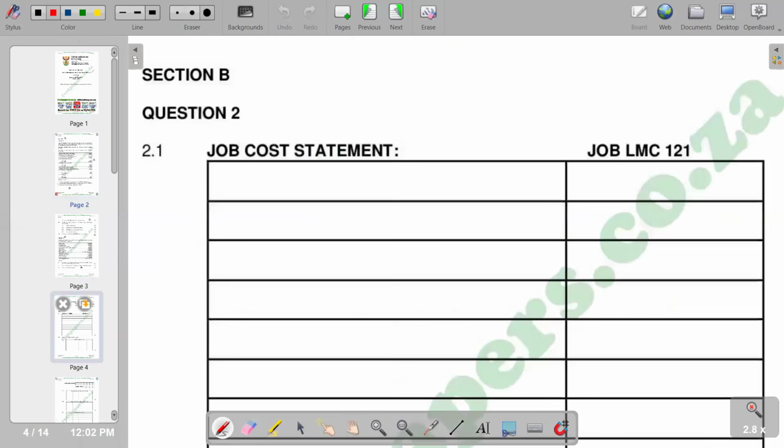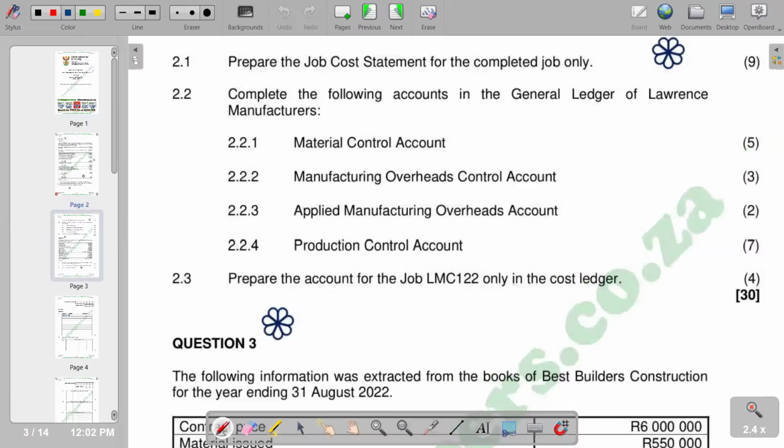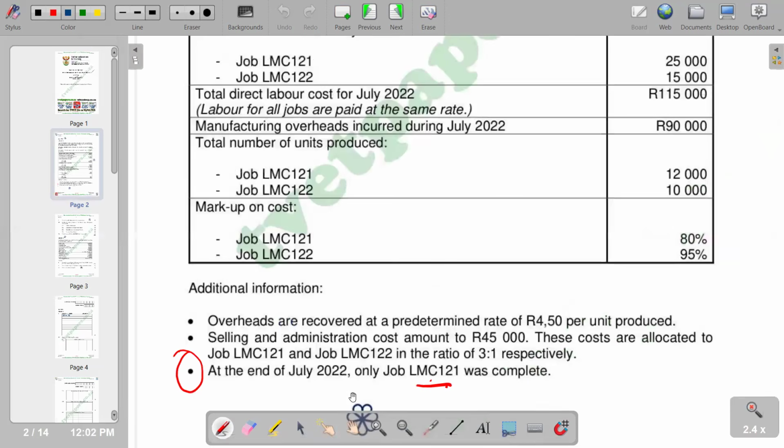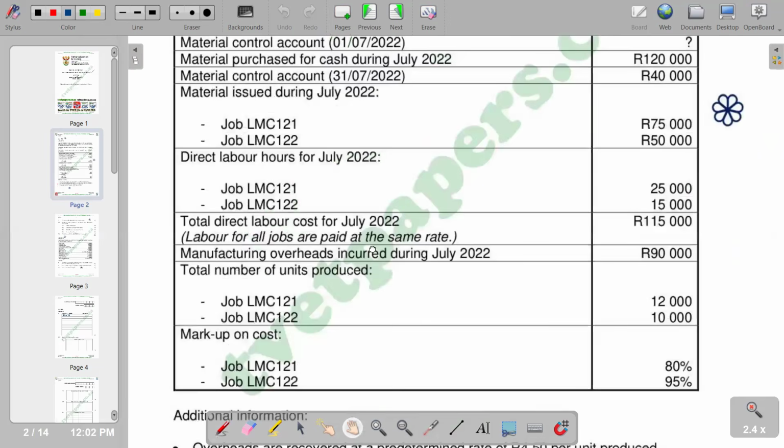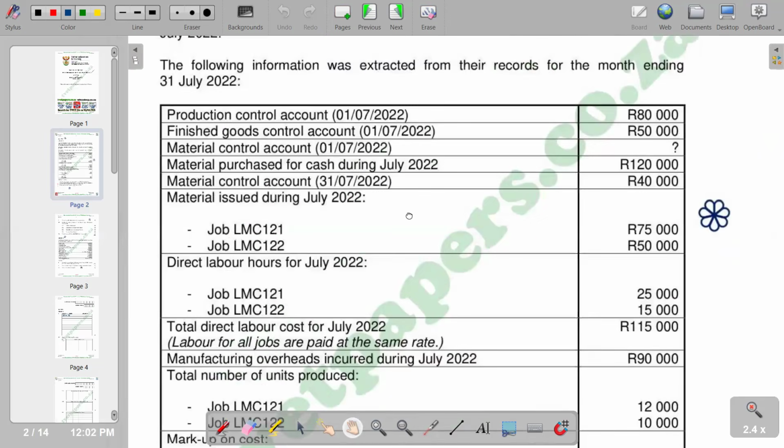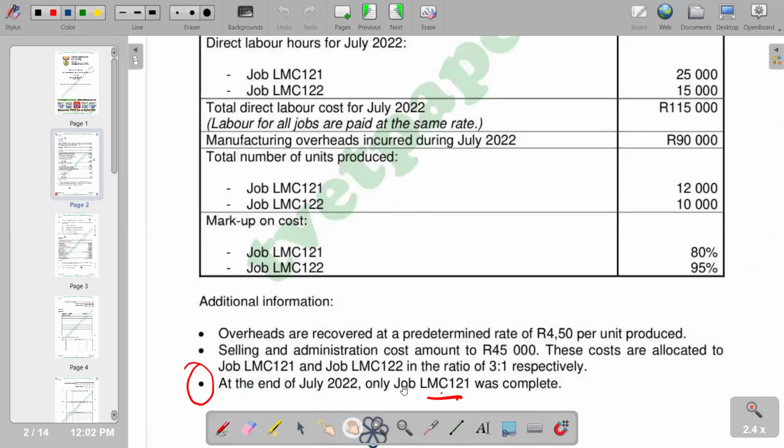So going to our other section, this is going to be the statement that we're going to use. In our statement, we are supposed to start with the balance at the beginning, which is balance BD. We check in the question what we have for job LMC 121, the only job that is complete.